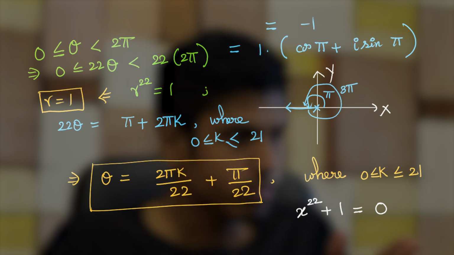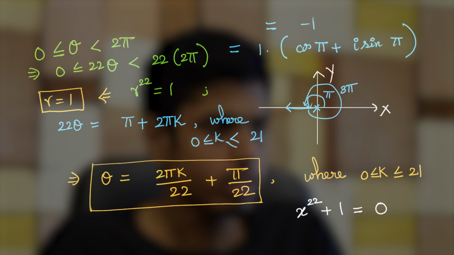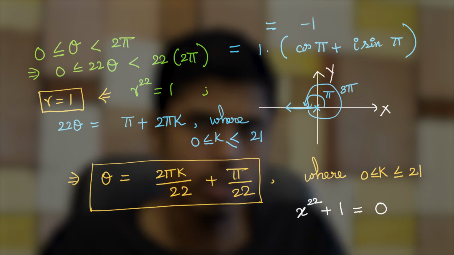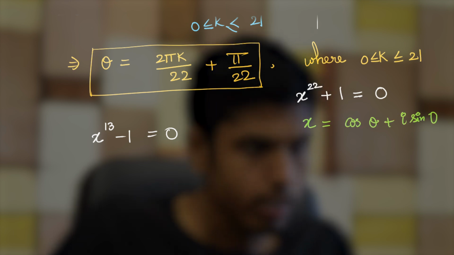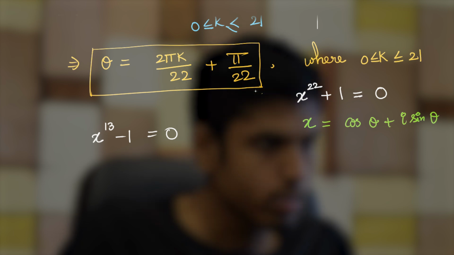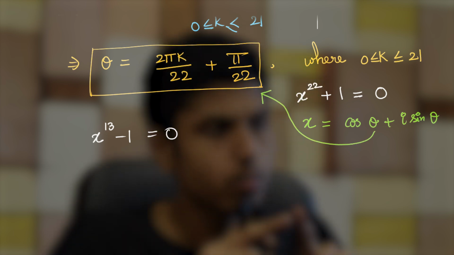And since it is a positive real number, it has to be 1. It cannot be negative. So thus, the values of x that satisfy this polynomial can be written as cos theta plus i sin theta, where theta is represented by this box.